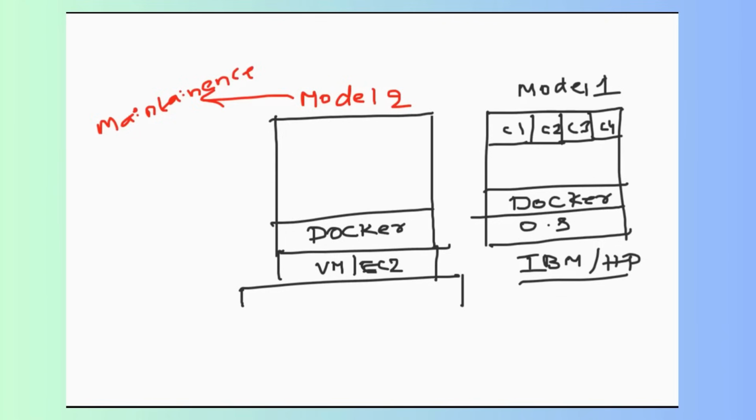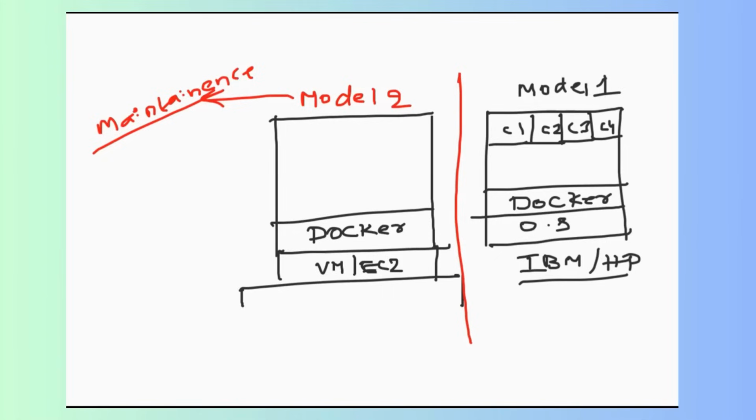Whereas if you are moving to AWS or any other cloud provider, or creating virtual machines on top of physical servers, your maintenance overhead is less unless you own those physical servers. That's why these days you will see more and more of model 2. Initially people were using model 1 as well, but the usage pattern has shifted a lot to model 2, because everybody is on a cloud provider and people are looking to reduce maintenance overhead. Organizations are not willing to maintain their own data centers.